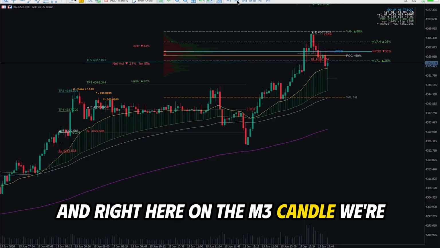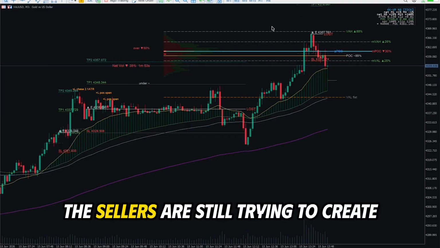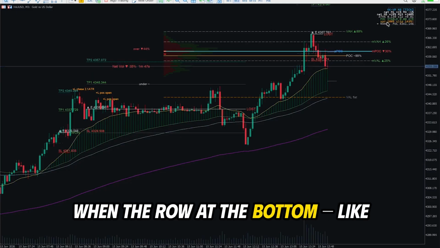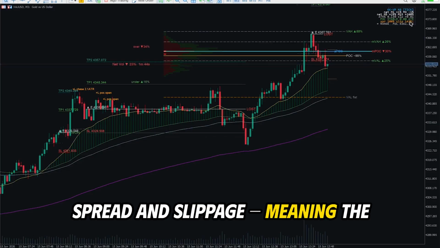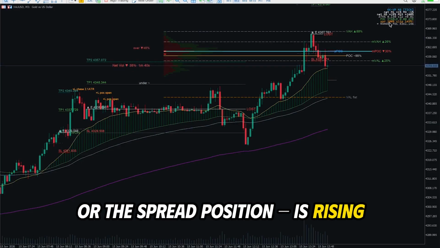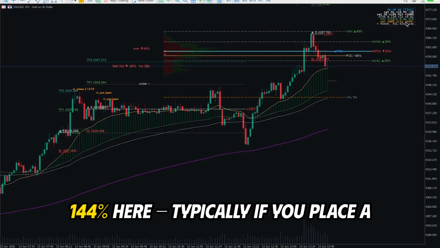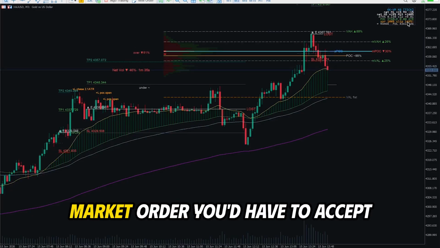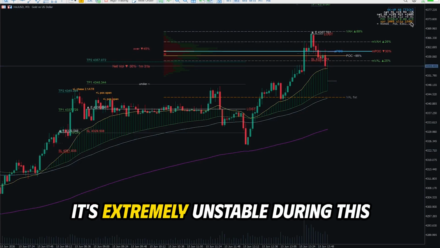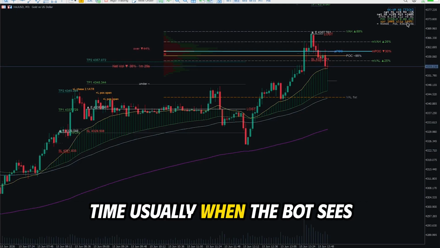And right here on the M3 candle we're looking at, the sellers are still trying to create some kind of shift. When the row at the bottom, like spread and slippage, meaning the price slippage or the spread position, is rising abnormally above 100%, even up to 144% here, typically, if you place a market order, it's extremely unstable during this time.